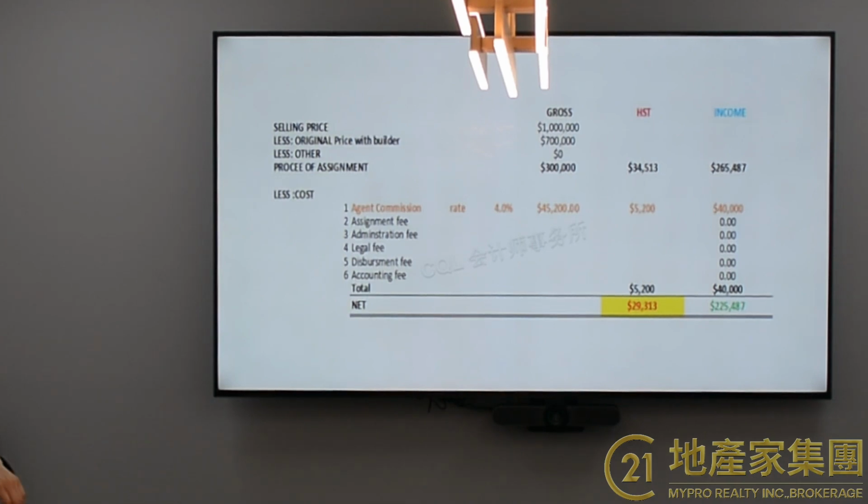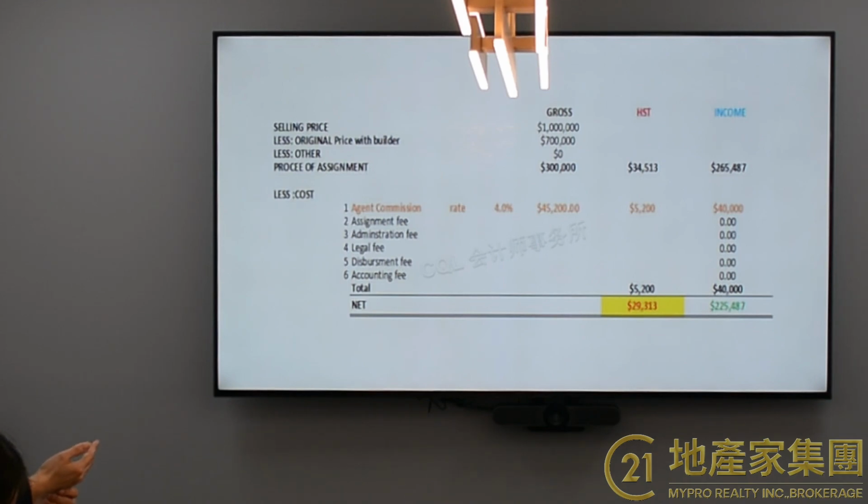Very clear, okay? Also, when you sell this assignment, you're going to incur some costs, especially agent commissions, which are a huge amount. Agent commissions in Ontario carry 13% HST, so you can deduct the HST on the agent fee, which in this case is 5,200.